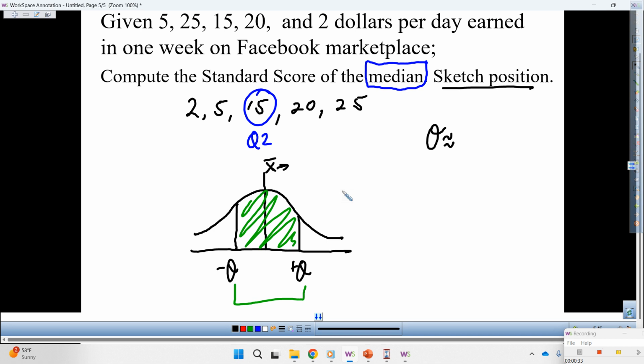Let's go with Vanya. What'd you get for the mean? 13.4. Hands, have you got that? That's about right. So that brings us to standard deviation. Check with your neighbor what they got for standard deviation on that one.